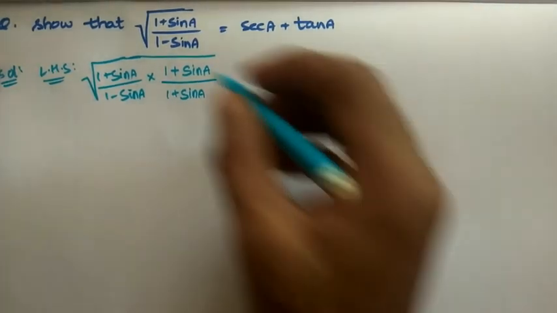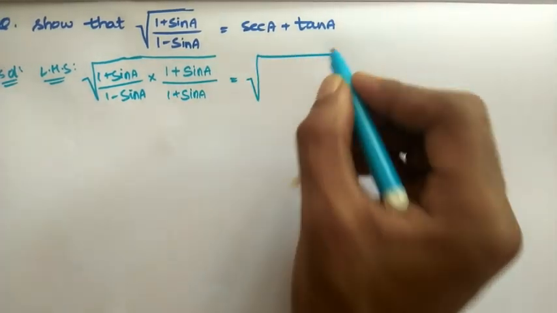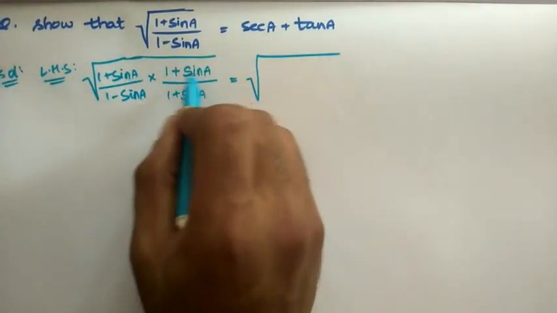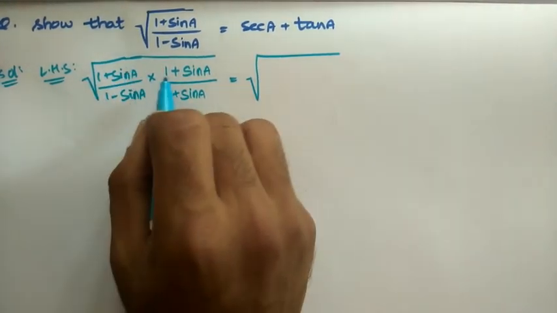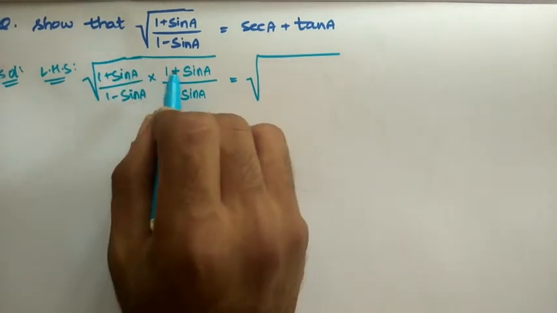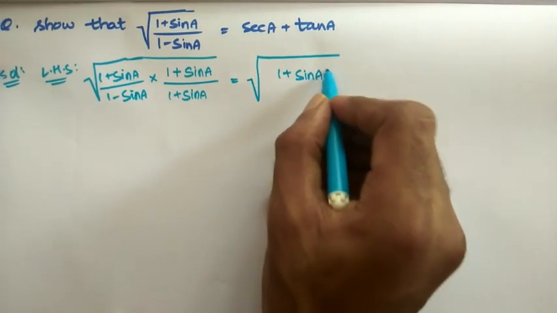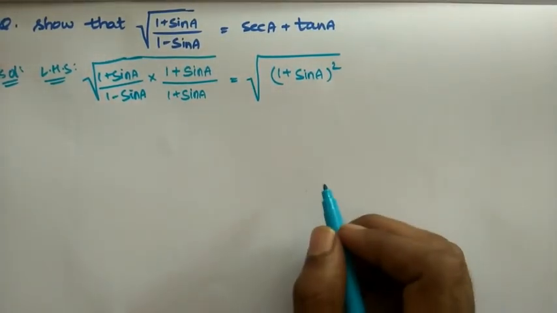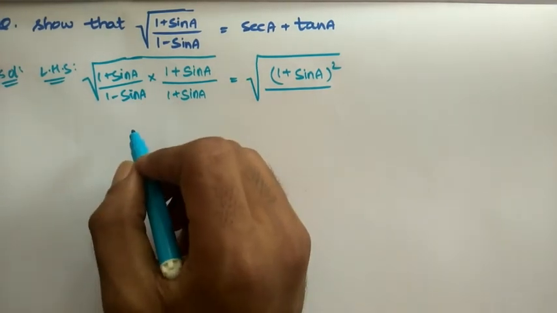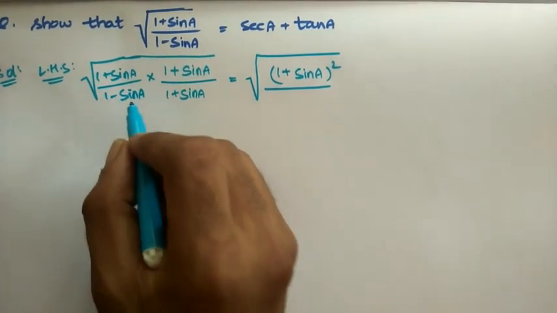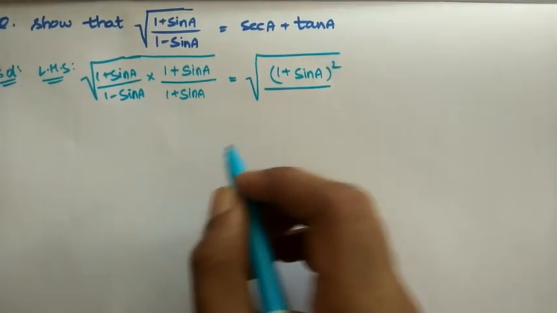So this is root over 1 plus sin A into 1 plus sin A. If we consider this whole as A, A into A is A square, so it will be 1 plus sin A whole square, by 1 minus sin A into 1 plus sin A. It is of the form A minus B into A plus B, which can be written as A square minus B square.